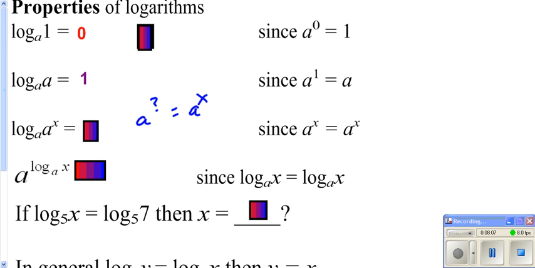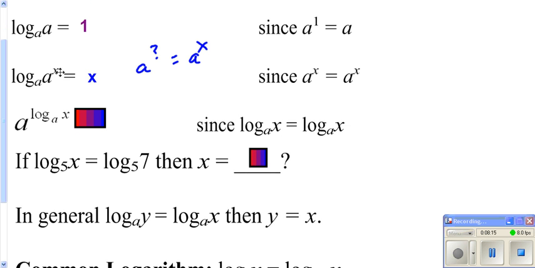Well, the only way a to a power can be equal to a to the x is if that power is x. So basically, as we're looking at this here, your log base a of a undo each other, leaving you only with your exponent. Here, your a to the log base a once again undoes each other, just like in the last problem, and it leaves you only with x.